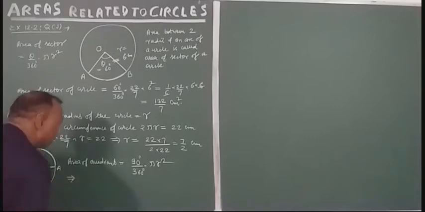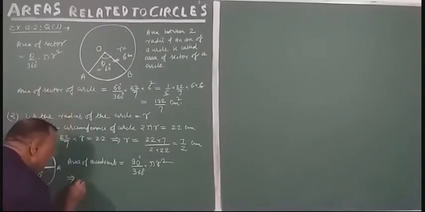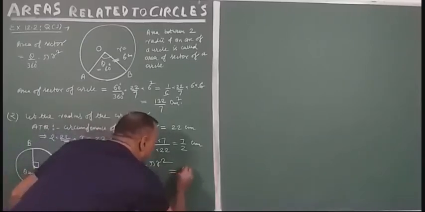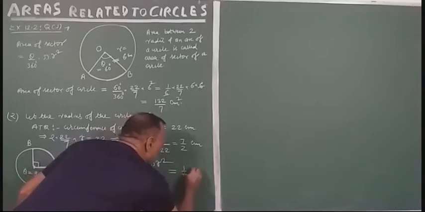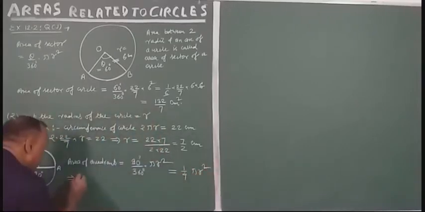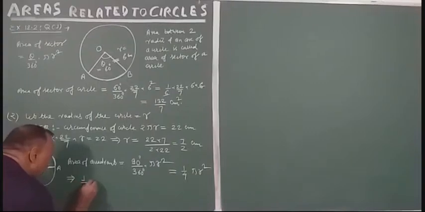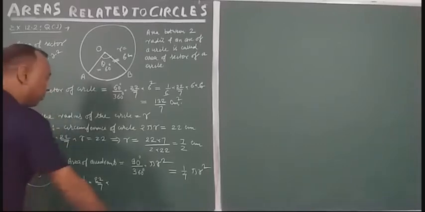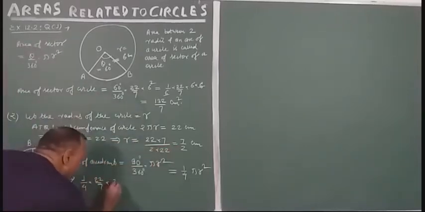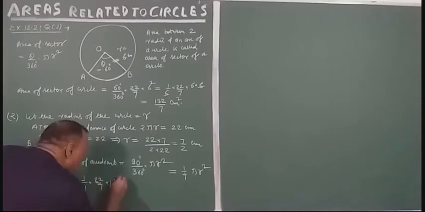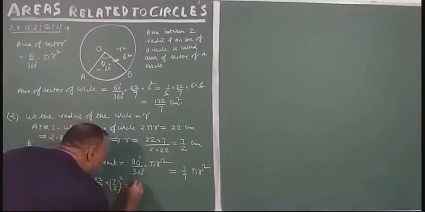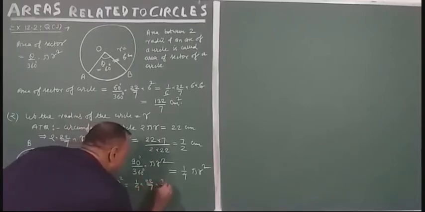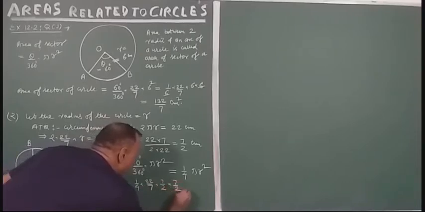Just place all the values. You can calculate here. 90 once is 90, so 1 upon 4 pi r square. So this can be calculated. 1 upon 4 into pi is 22 upon 7, and what is the value of r here? 7 upon 2 whole square. So this will become 1 upon 4 into 22 upon 7 into 7 upon 2 into 7 upon 2.